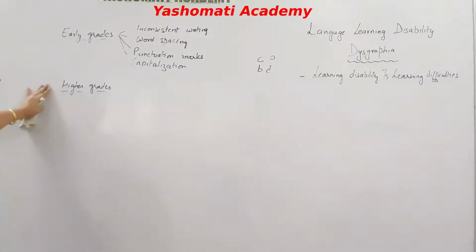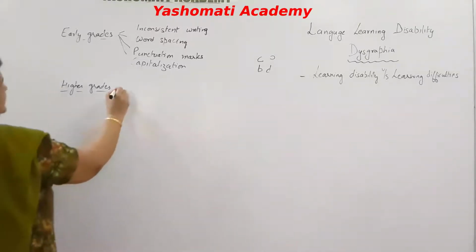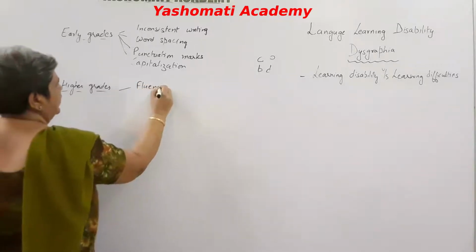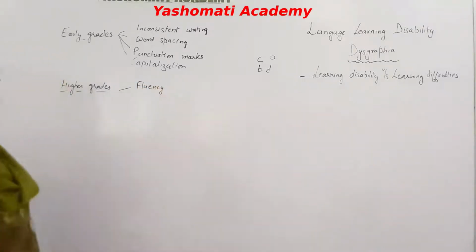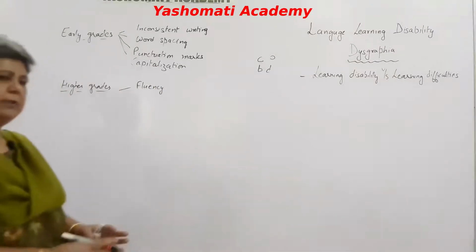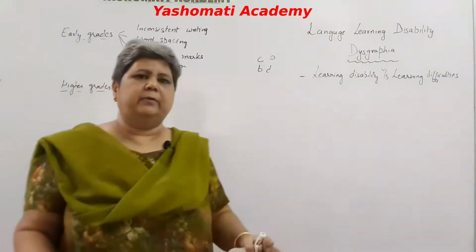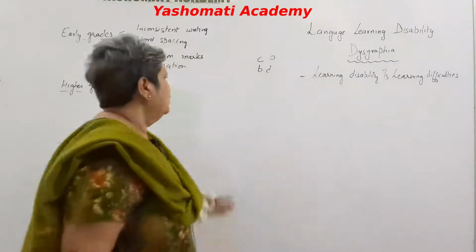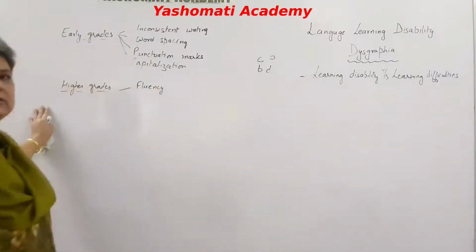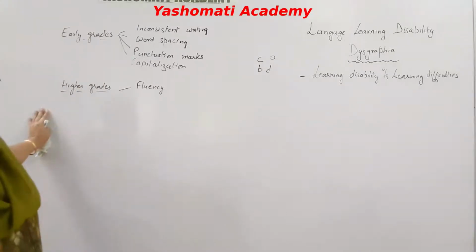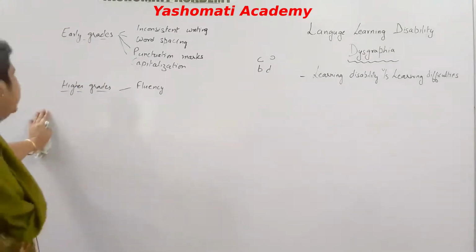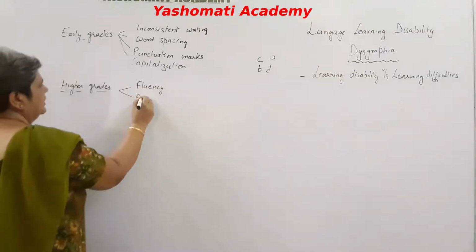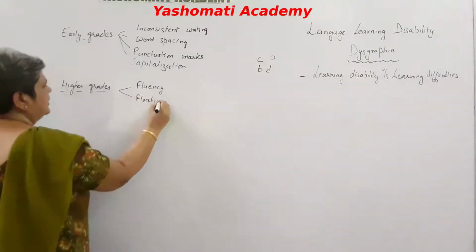So when the learner is in a high grade, we can see that his language is not fluent, or fluency is very poor. He is not able to speak and write with the same speed which an average learner can. So usually these learners will not be able to complete their examination during the specified time. And another thing is that they may be having floating margins.